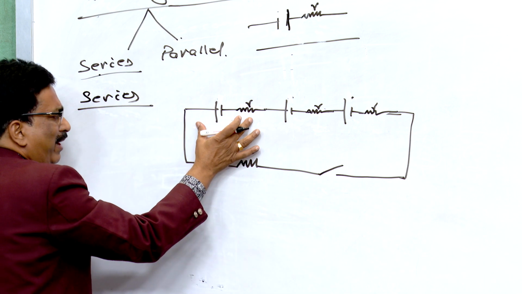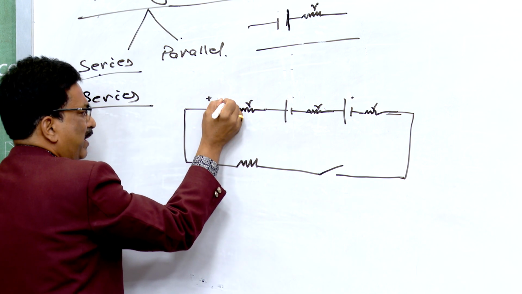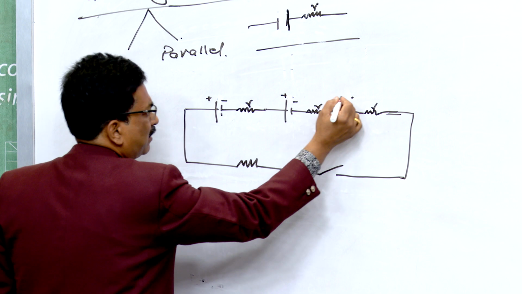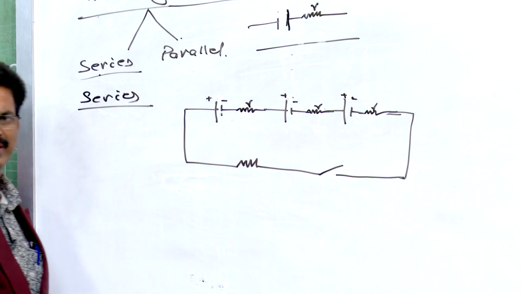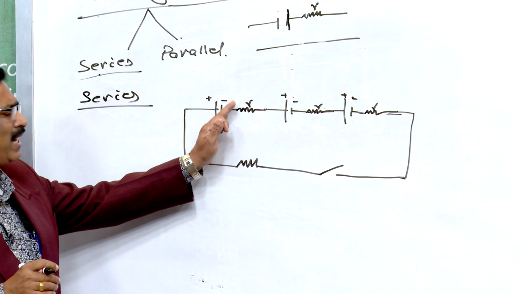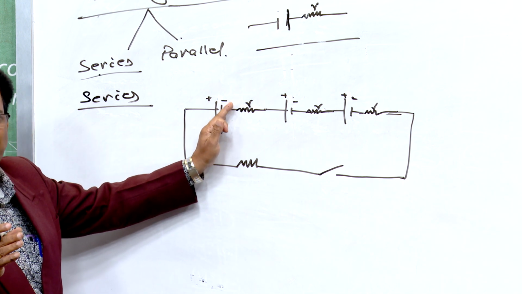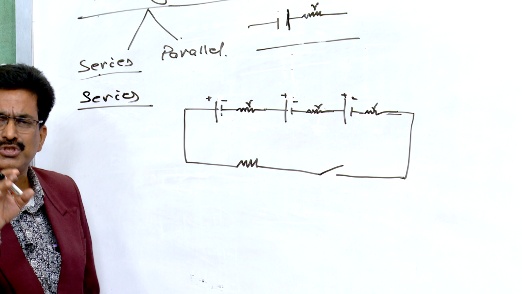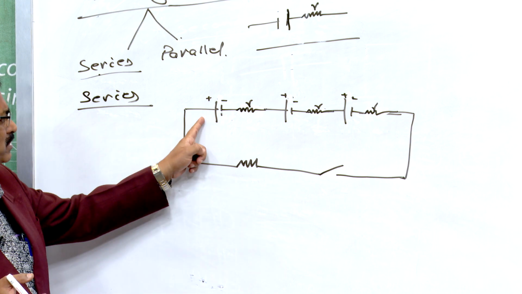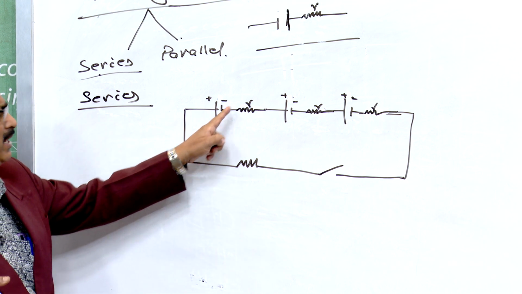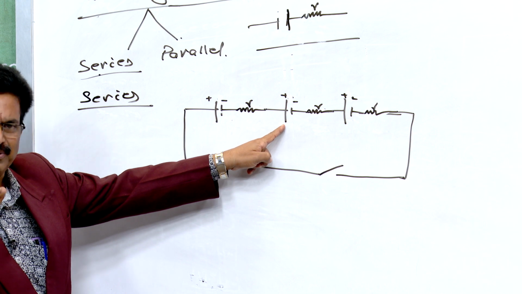this is one battery, it has a positive and a negative, this is the positive and the negative, this is the positive and the negative. Series means one end of the first cell, whatever its nature, is connected with the opposite end of the second one. The negative of the first one is connected with the positive of the second one.